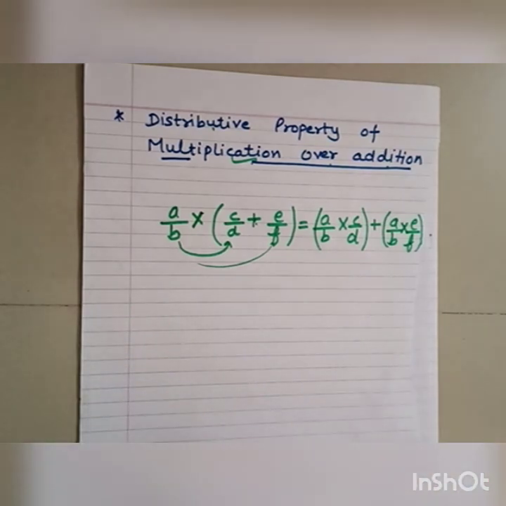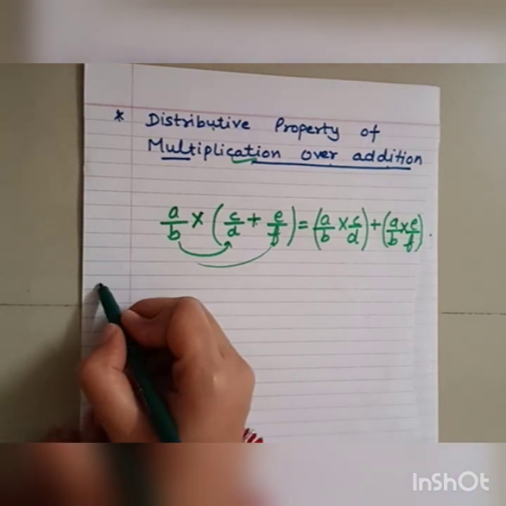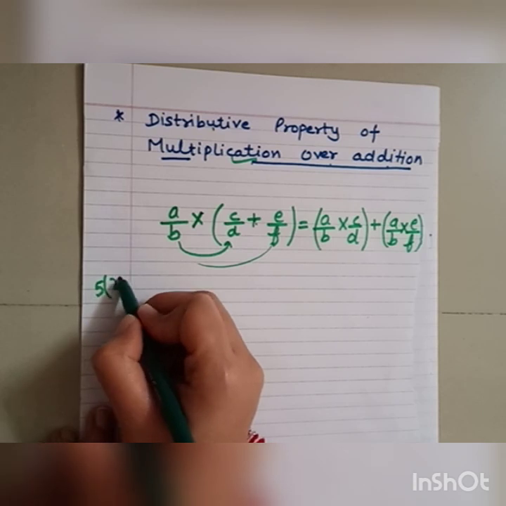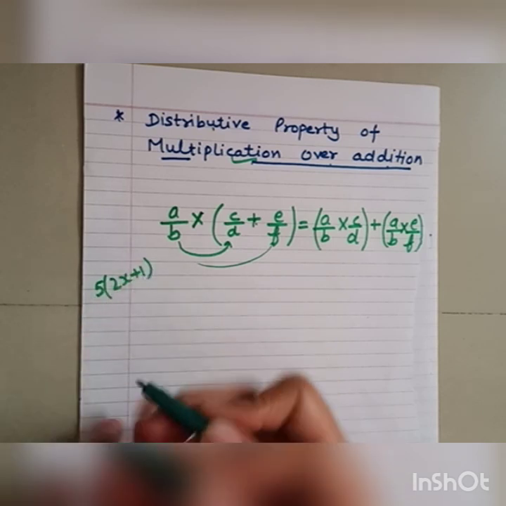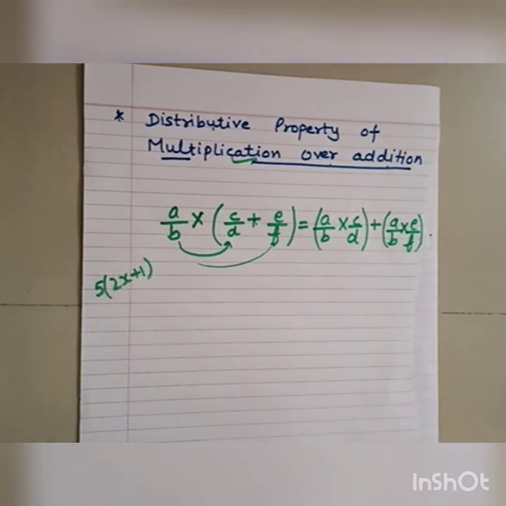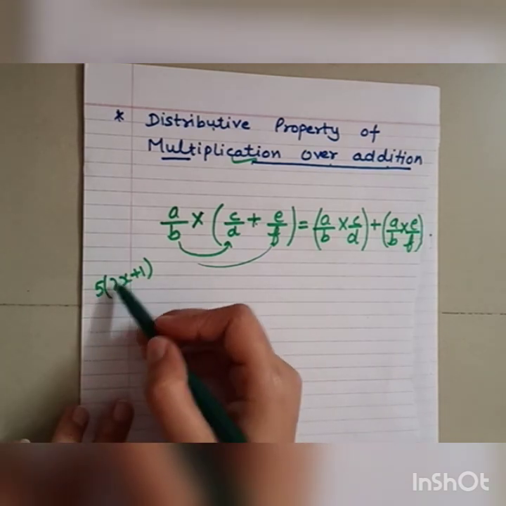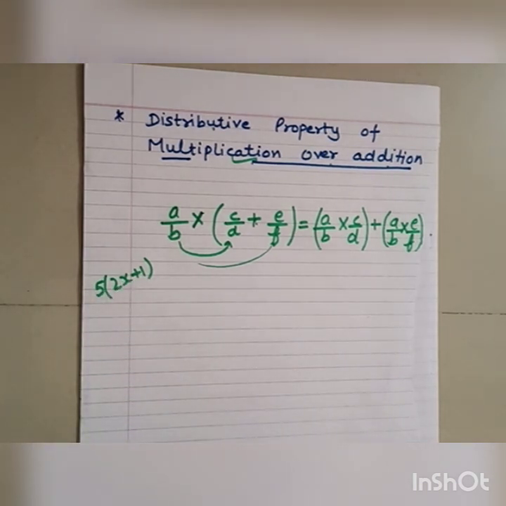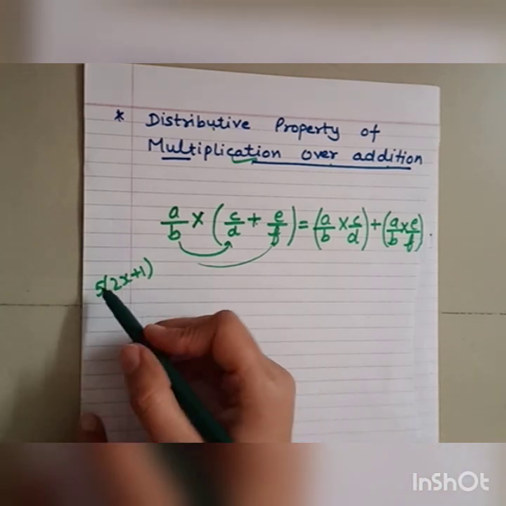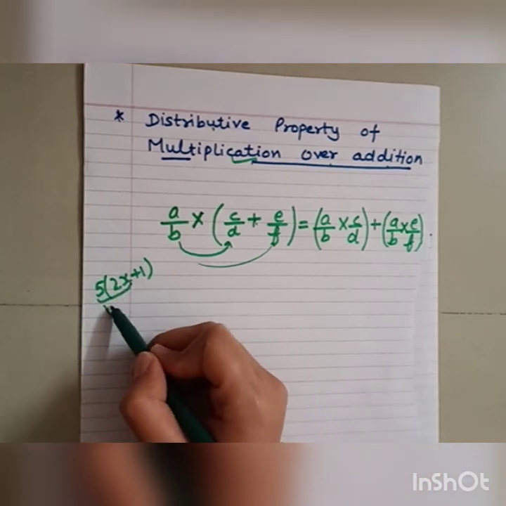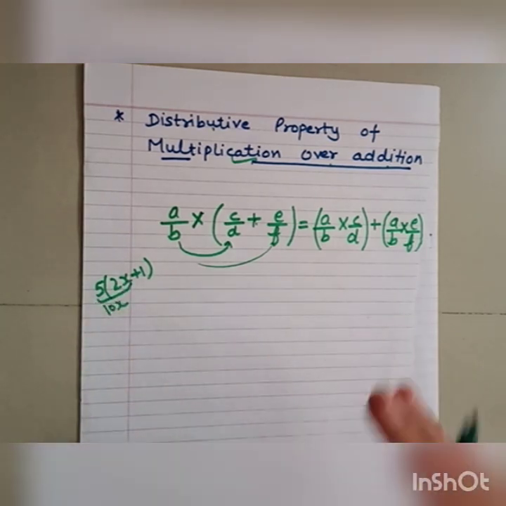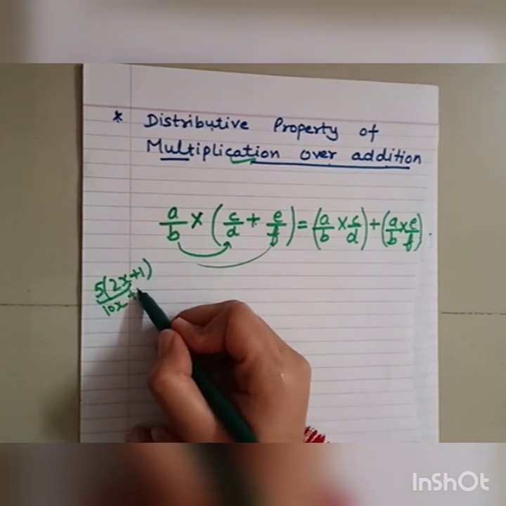In simple terms, in your previous classes also, when you multiply 5 into 2x plus 1, not in rational numbers, just simply, most students multiply like this: 5 times 2x is 10x, and then only write 1.